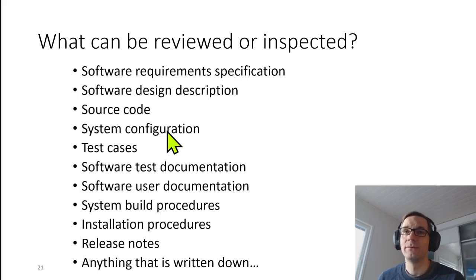So what can be reviewed? Well, we can review software requirement specification, we can review software design description, source code can be reviewed, software system configurations can be reviewed, test cases can be reviewed, both black box and white box test cases can be reviewed, software test documentation, user documentation, system build procedures, installation procedures, release notes.